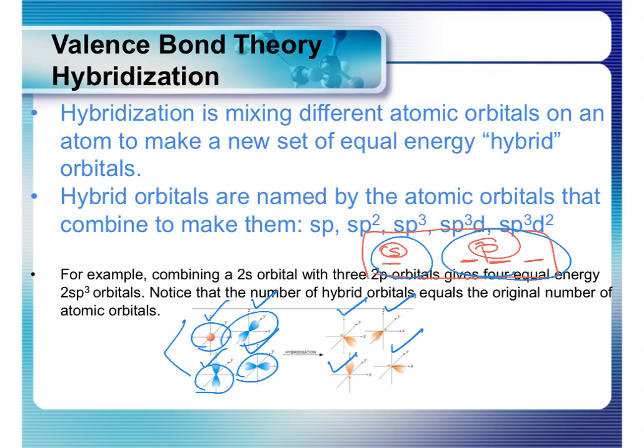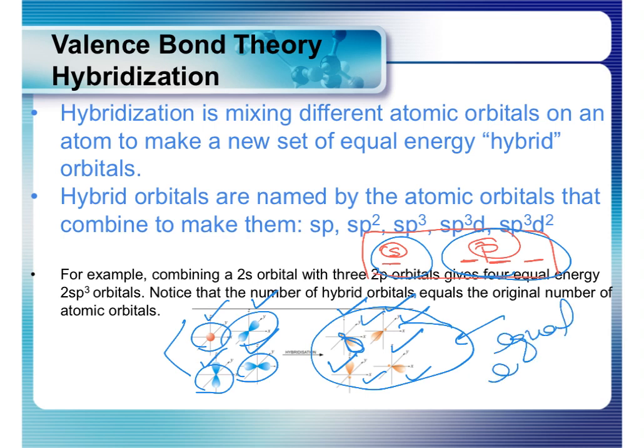So when you blend an S and a P, you get these funky kind of uneven lobed shapes, and you have to get 4 of them, 4 of the hybrid orbitals because you started with 4 atomic orbitals. Now what's nice is these 4 hybrid orbitals are of equal energy, and that's always the case with hybrid orbitals. We get however many orbitals we started with, but all of equal energy, and you'll see later that that explains a few things also.